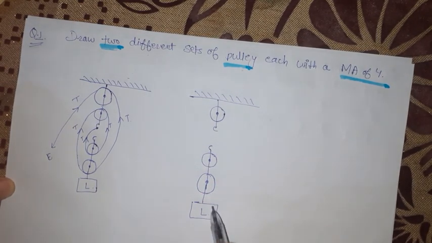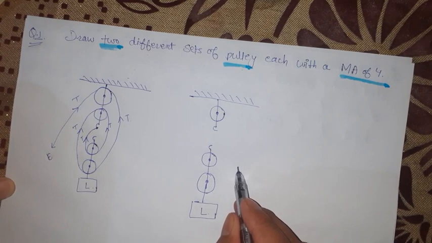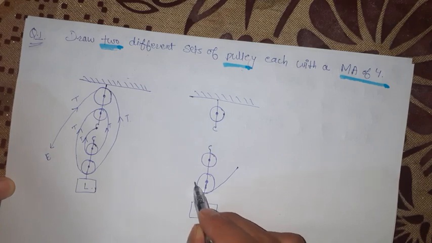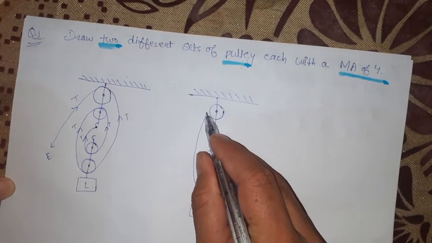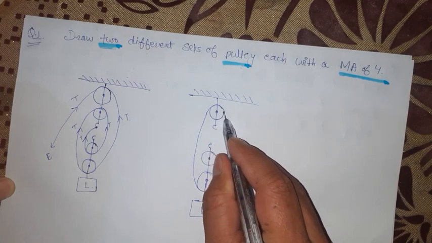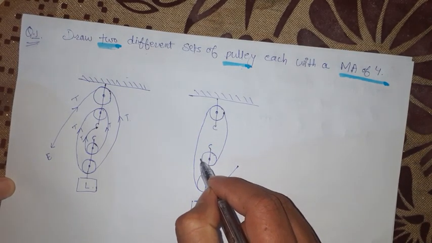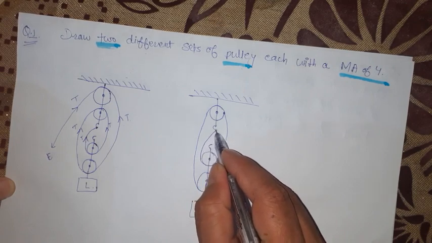In this case, student, we have to tackle it from here. The lowermost will be covered first, and then it will go to the upper block pulley, and when it covers it, it will come to the lower block again, and after covering this pulley, it will be attached to the hanger of the upper fixed pulley.